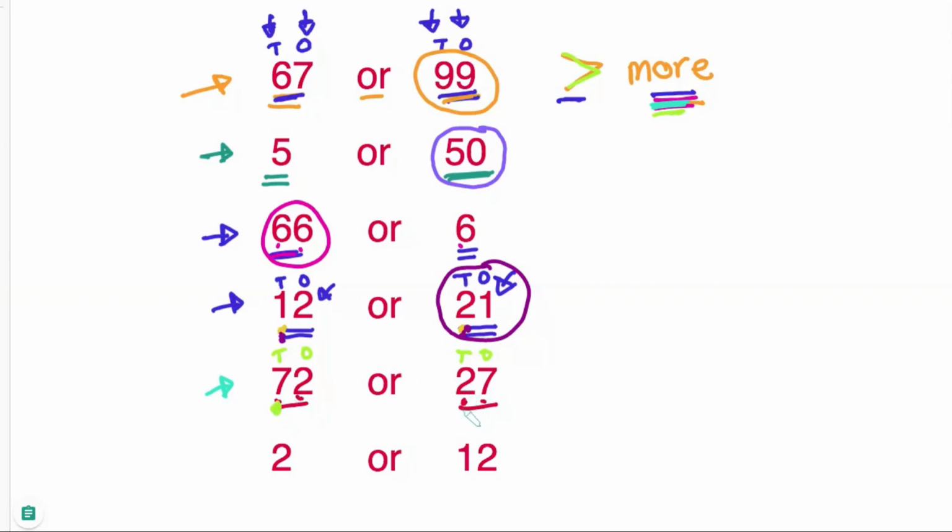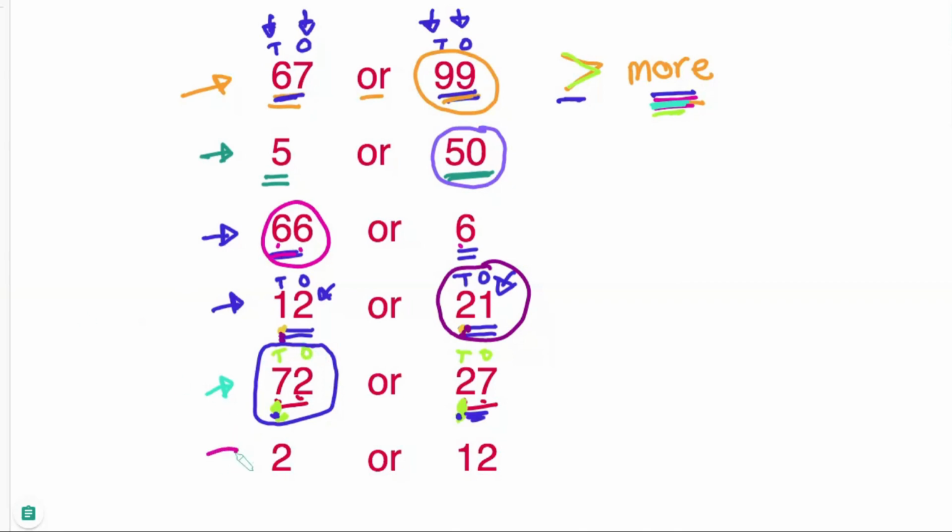With number 27, how many tens do we have? We have 2 tens. Which number is larger, 7 or 2? Which number is bigger, 7 or 2? Have a think. We know that 7 is bigger than 2. So we know that number 72 is larger or bigger than 27 because it has more tens. So let's put a circle around number 72 because 72 is our biggest or largest number.